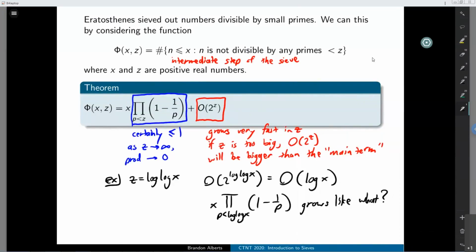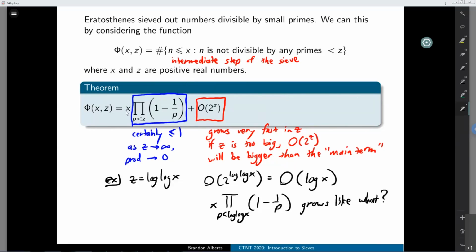Before finishing that picture we did on the first day, we're asking, okay, how many numbers do we have left? Is it actually a smaller amount of numbers, asymptotically? Is the proportion noticeably smaller? The result we started talking about is the simplest bound you can get on this kind of function. We talked about what this main term looks like.